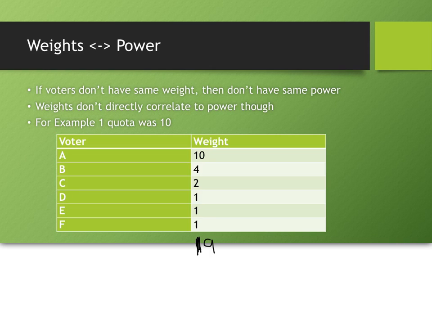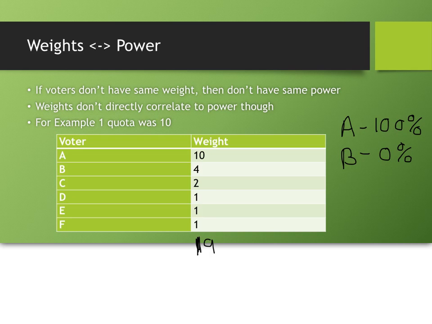If A voted against, then it failed. And so obviously A, we would think, has 100% of the power, or one, as we're doing proportions, it'd be 1 of the power. And B should have 0% of the power, because whatever B voted for, it really didn't matter. A's carrying all the weights.